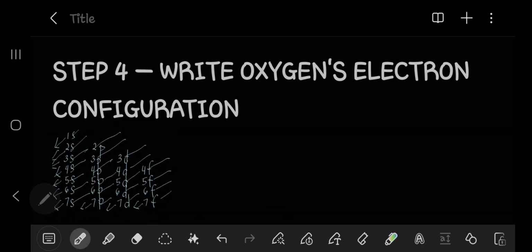Step 4 is to write the oxygen's electron configuration. According to the periodic table of elements, oxygen has atomic number of 8. Therefore, its number of electrons is 8. Now, we just need to follow the order of filling in the electron configuration using the mnemonic device.